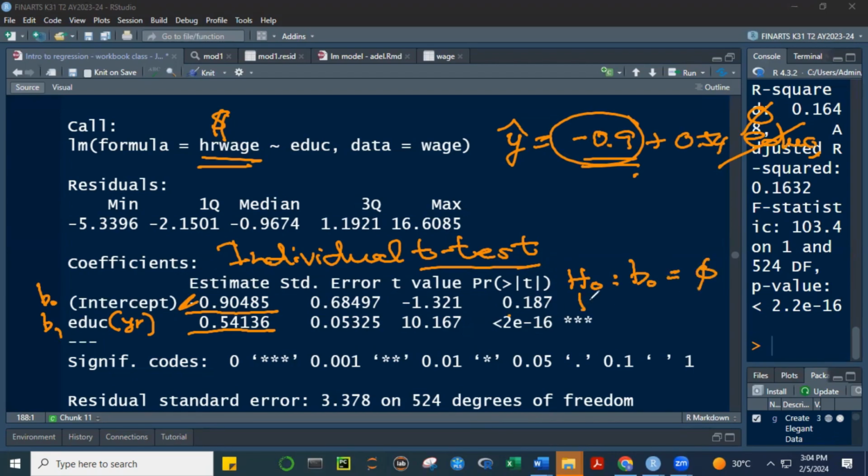The null hypothesis here, H01, this is H02, B1 pala, is equal to 0. Our beta 1 is your education. So we'd like to test whether our parameters are significantly different from 0. So we will have to have an inferential conclusion.